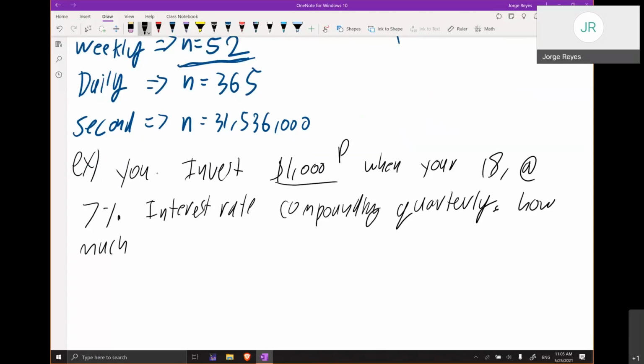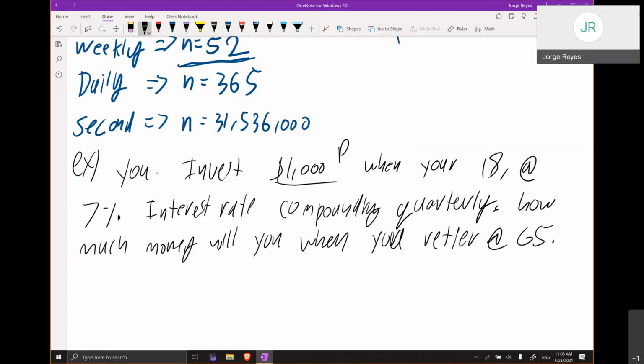How much money will you have when you retire at 65? So this is the hypothetical situation where you invested just $1,000 right when you hit 18 and then did nothing else until you hit 65.